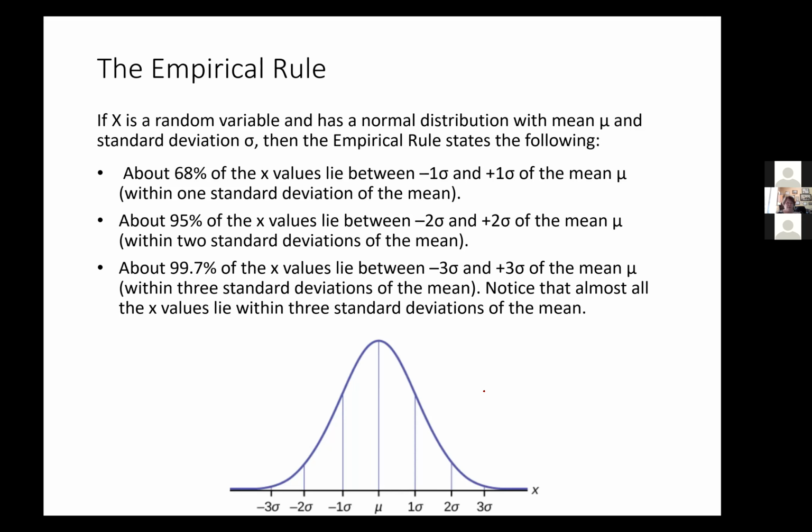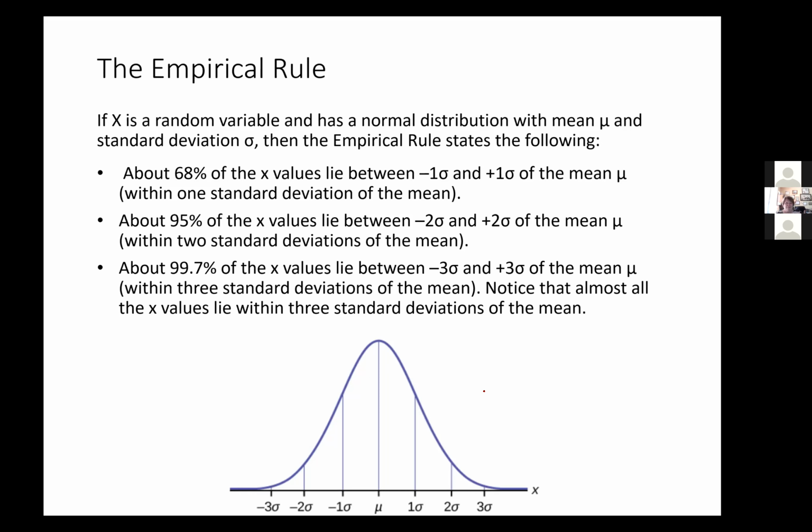About 68% of all the x values will lie between plus or minus 1 standard deviation from the mean. So if your data is normally distributed, you should see 68% of your data lying between plus or minus 1 standard deviation from the mean.